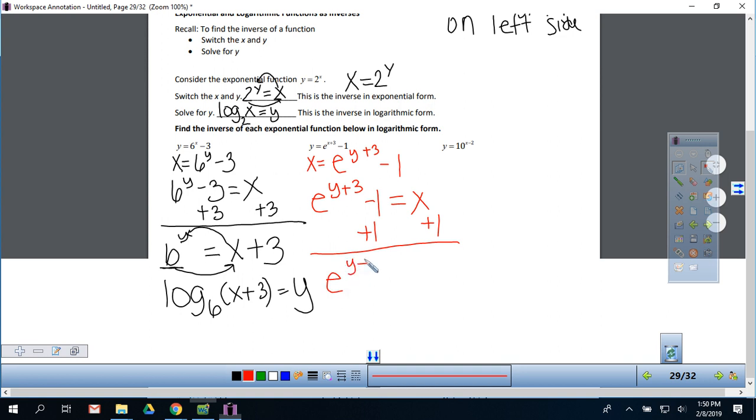E to the y plus 3 equals x plus 1. Now we need to switch this to log form, because log is what undoes exponent. So log base e, what goes inside, and what does that equal?